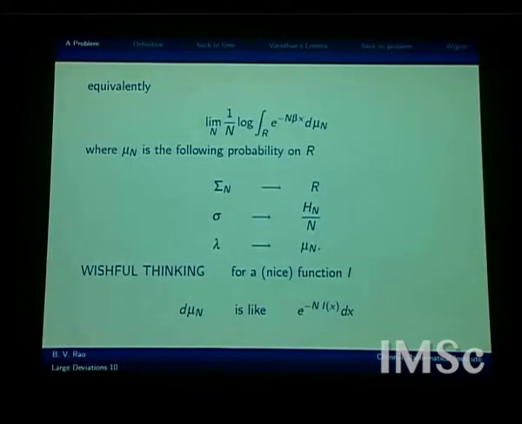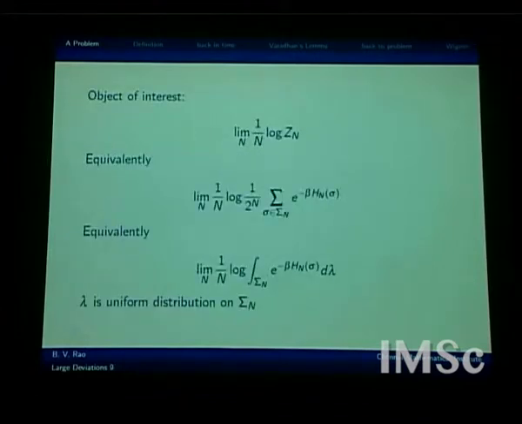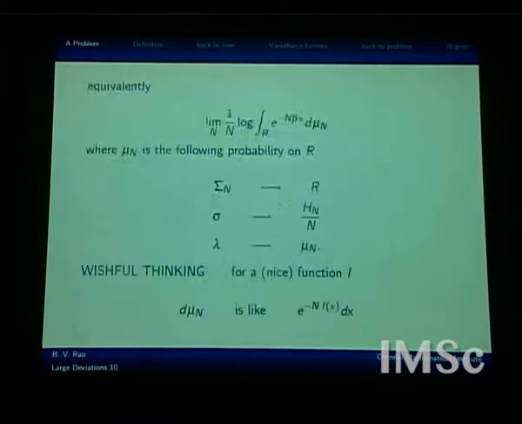So, remember what we have: integrating e to the power of minus beta h n sigma with respect to the uniform probability. So, look at that sigma n, and define a map to the real line: with the configuration sigma, I forgot that, associate the number h n sigma by n, not h n by n. The uniform probability on sigma n as a consequence is carried over to the real line, that is the induced measure, you can call it push forward or whatever.